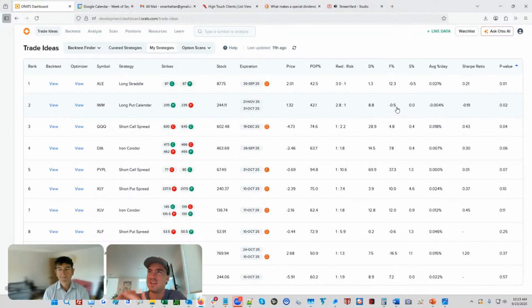It's combining the backtest finder methodologies with the p-value and permutation testing of the optimizer, with ORATS proprietary indicators and the scanning with theoretical values, and then you're getting the best trade. So it's combining three really novel approaches to finding good trades all in one.